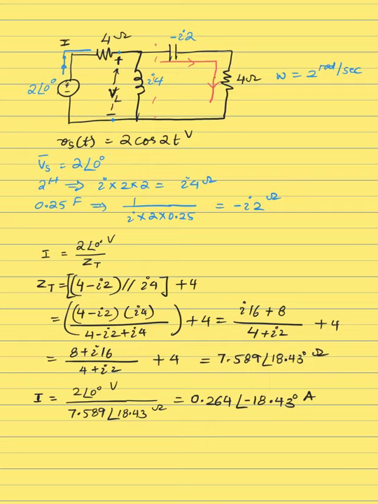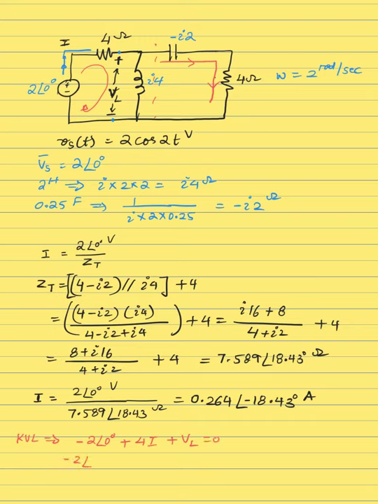So I'm going to apply a small KVL to the left hand side loop. So the KVL will be minus 2 voltage source plus 4 times I plus VL equals 0.